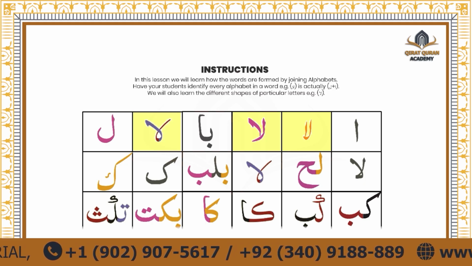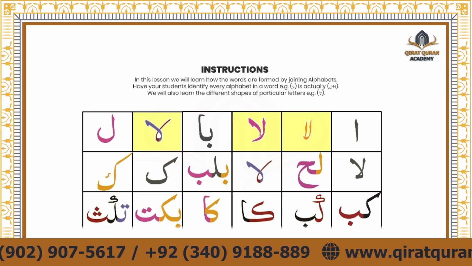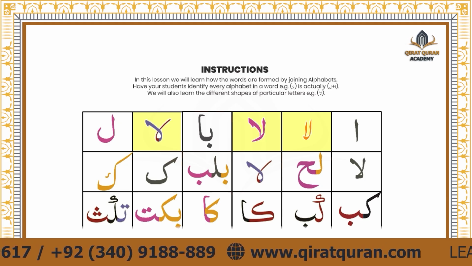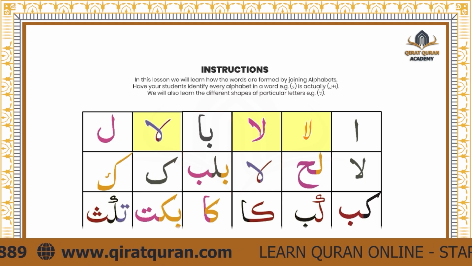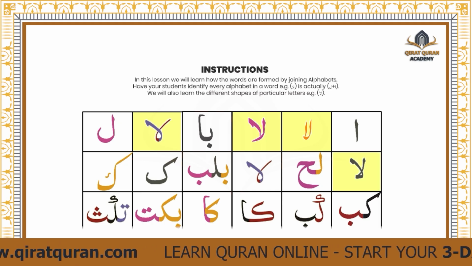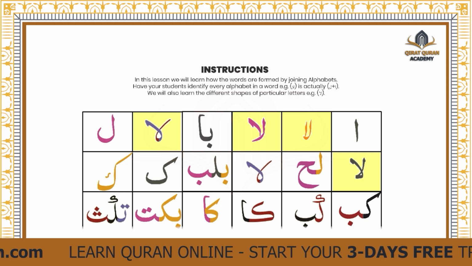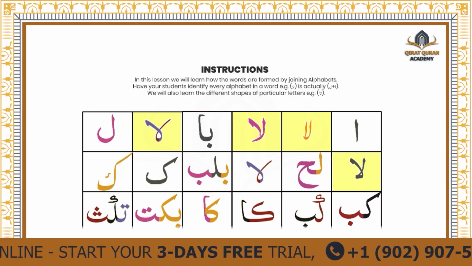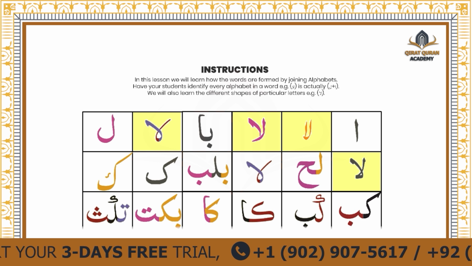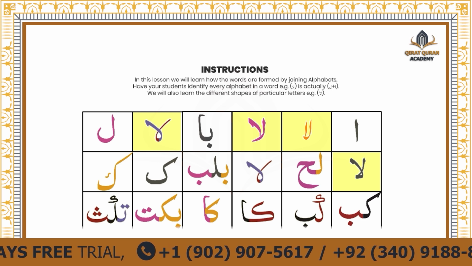The third one is this one. This is lam, alif. The purple one is lam, and this blue one is alif. And this is also a writing style of lam and alif. The first one is lam, this one is lam, and then this one is alif.